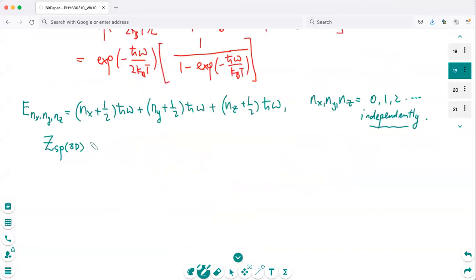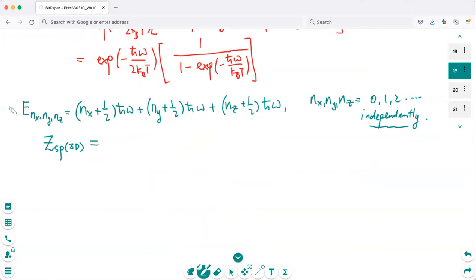And my question is, what is this single particle partition function? Now I don't want the chat now. So I will tell you the answer.